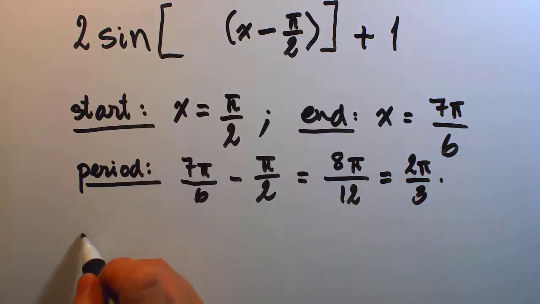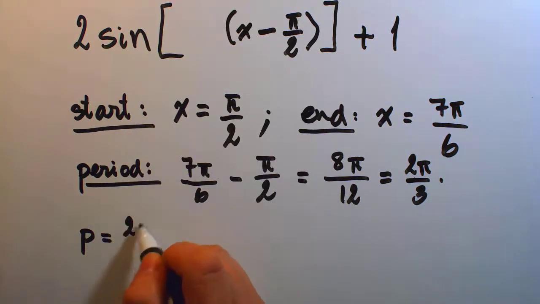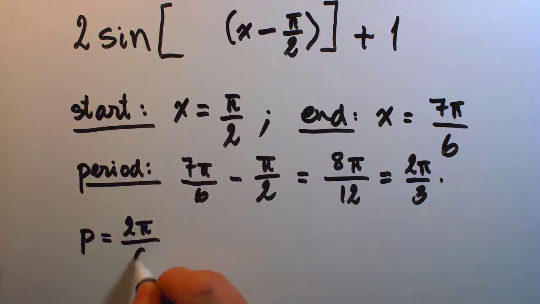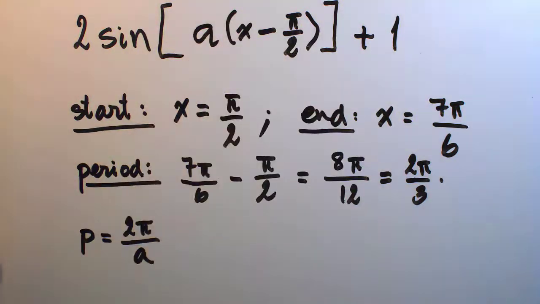And the period on any sine or cosine function equals the standard period 2 pi divided by a, the coefficient we are about to recognize. So here maybe I should put an a there.